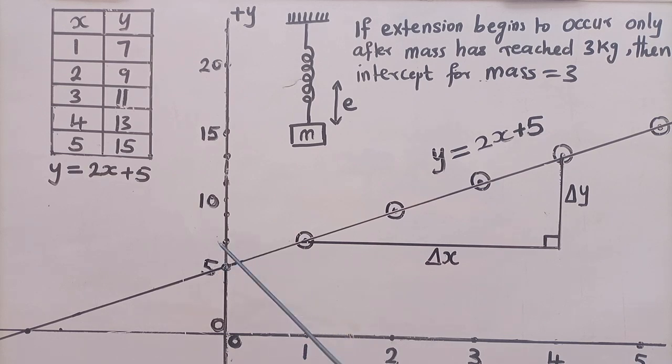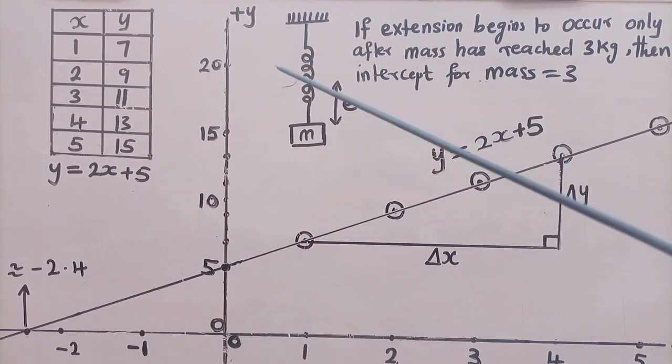Because of this, y leads by 5. Then we expect that x is going to lag by a value. What then is the value with which the x is lagging? It corresponds to this point here. Let's try and estimate the value with which x lags before it begins to vary with the y.